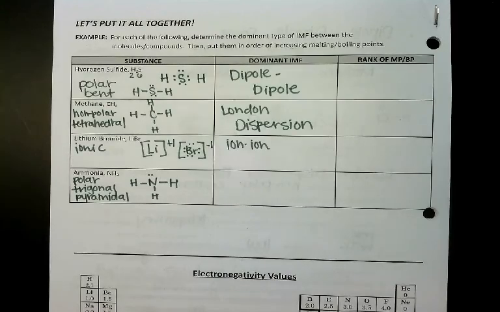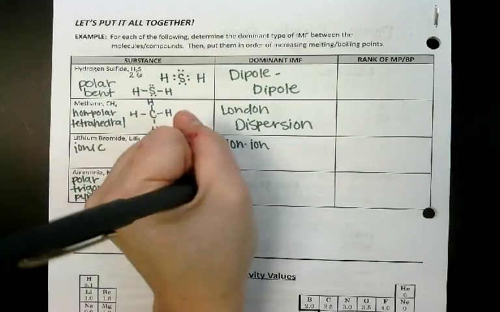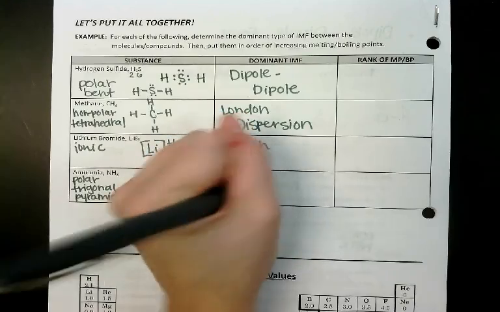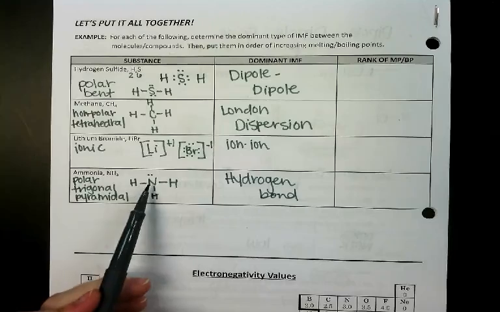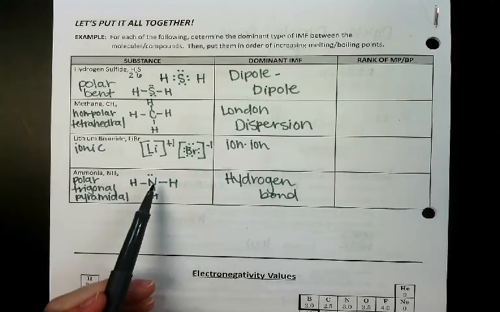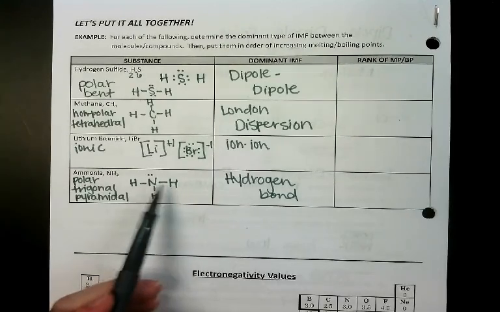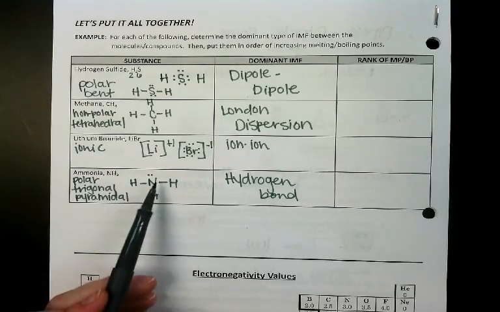Why is this a hydrogen bond? Because hydrogen is directly bonded to FON, right? It's directly bonded to nitrogen. That is a hydrogen bond. Okay, now rank the melting and boiling points. So 1 is going to be your highest melting, 4 is going to be your lowest. So what is our highest here?